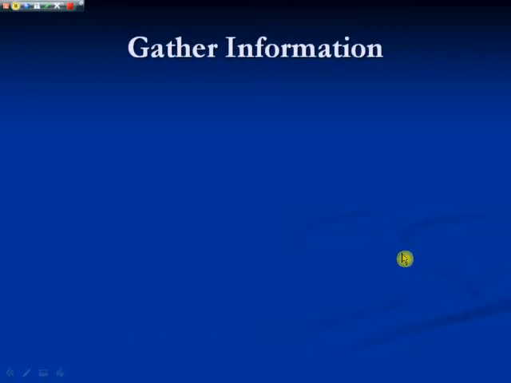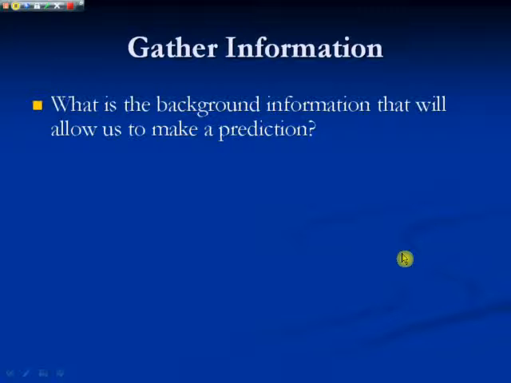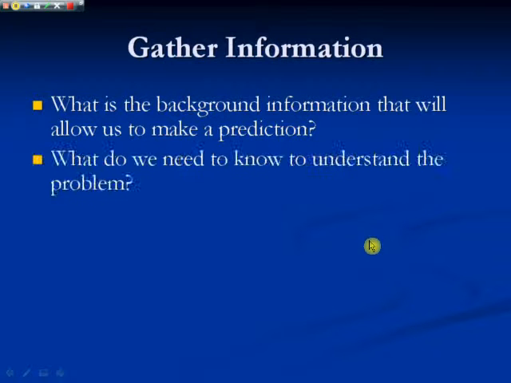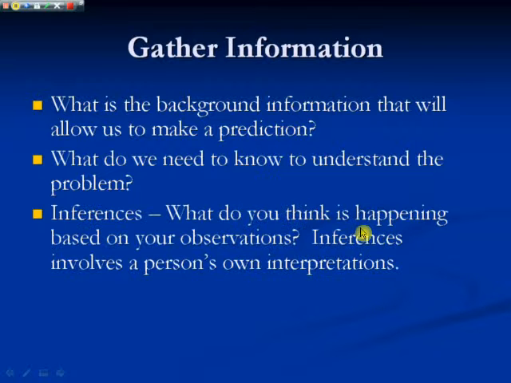The second step of the scientific method is to gather information. When you gather information, you have to ask yourself, what is the background information that will allow us to make a prediction? What do we need to know to understand the problem? And this kind of ties into the inferences I was just talking about. What do you think is happening based on your observations? Inferences involve a person's own interpretation.